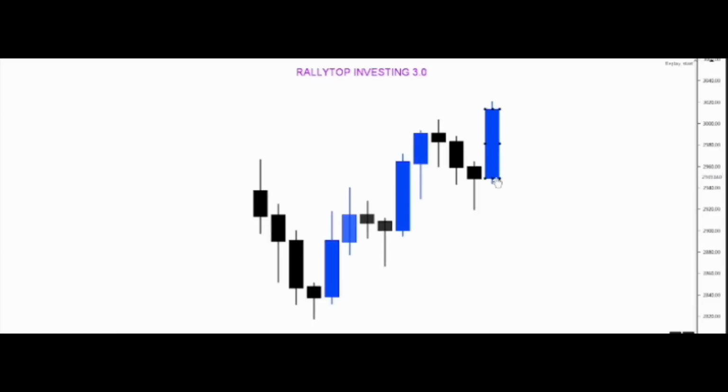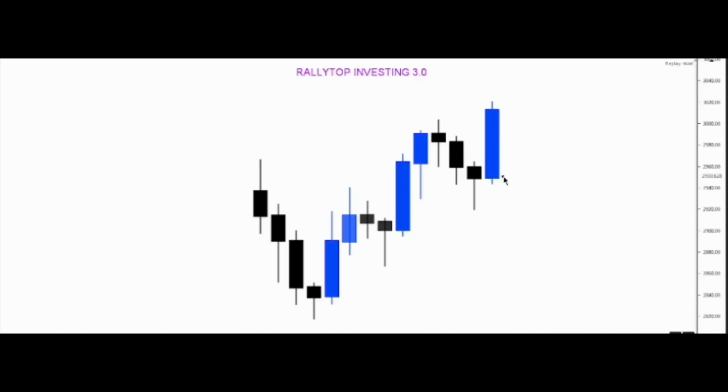It now travels back down before expanding higher to create the high of the day. If it's a daily candle, it creates the high of the day and then retraces to close just right here. Okay? So in other words, what you find in the market is very simple.